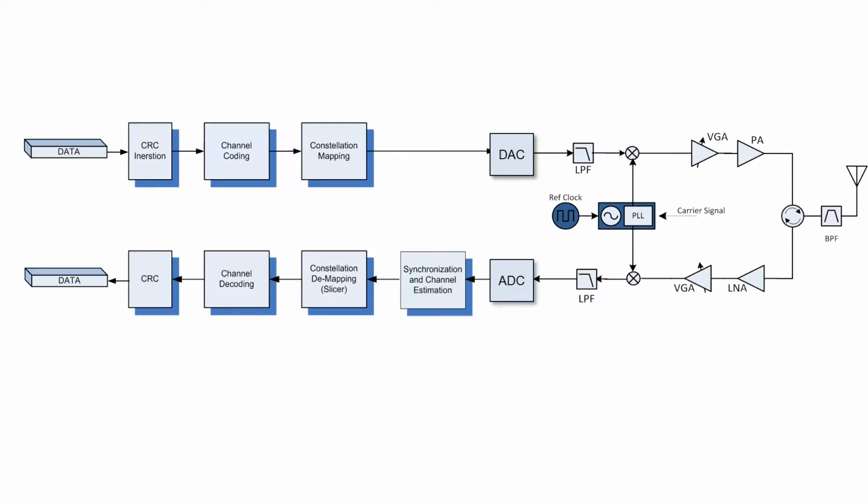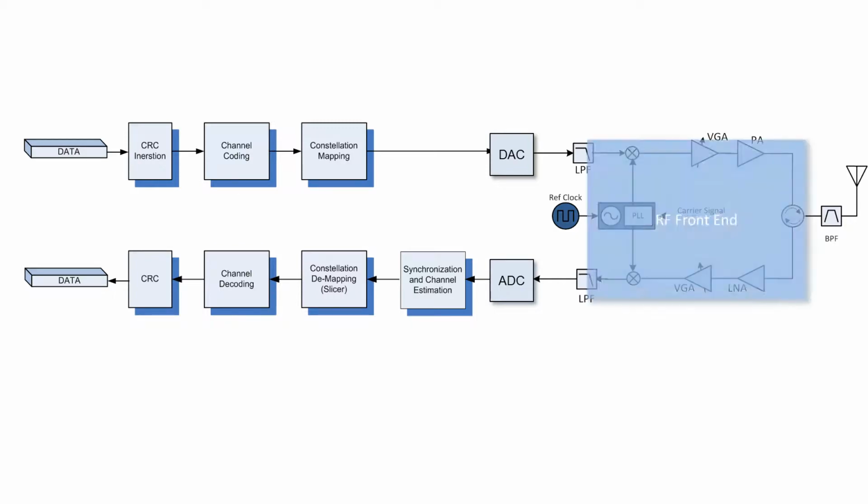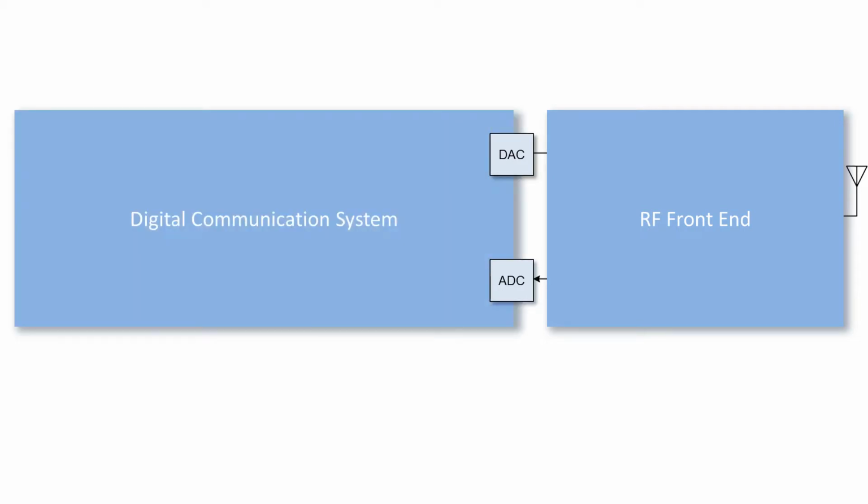A communication system can broadly be divided into two sections, an RF front-end and a digital communication system. A simplified version of the digital part would take data bits as input, map them to a constellation to generate an array of samples. The array is given to a DAC, which converts it to an analog signal.